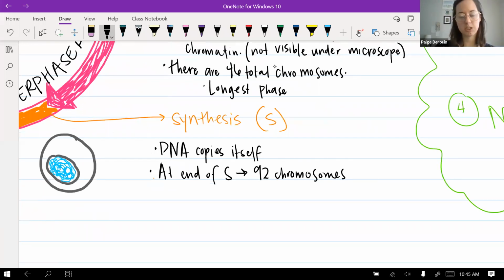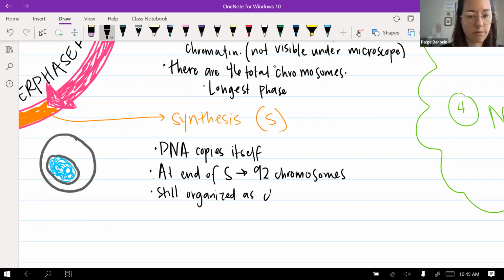However, the chromosomes will still be organized as chromatin, and it will be in the nucleus. S phase happens pretty fast in cells.